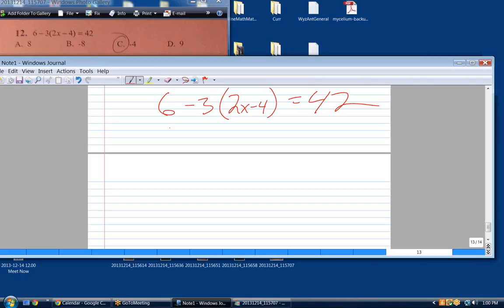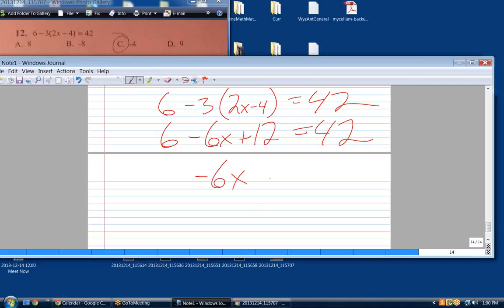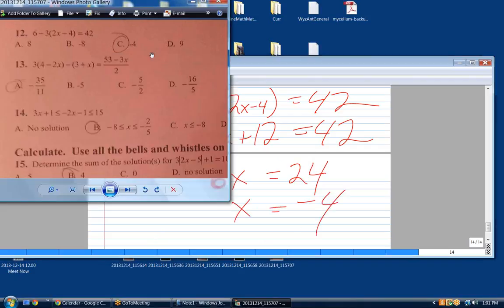Negative 6x, or it would be 6 minus 6x plus 12. Okay. And then you could combine the 6 and the 12 and just take off 18 at once. So you could get negative 6, yeah, 24, and then x equals negative 4. Negative 4 is right, yeah.